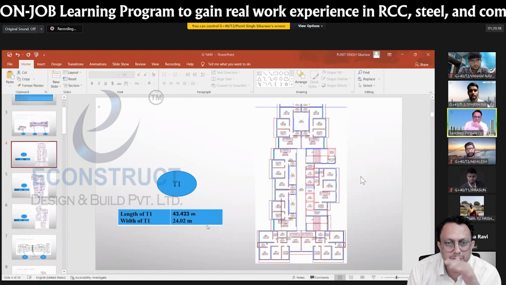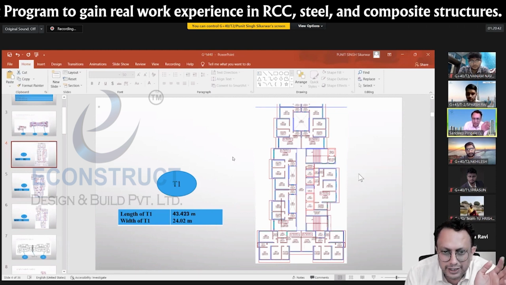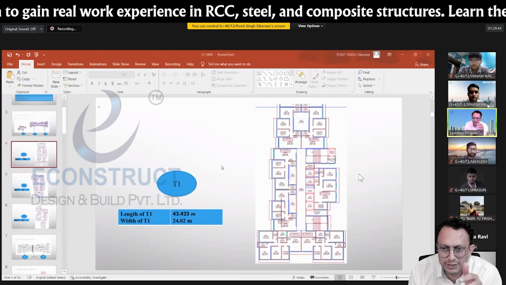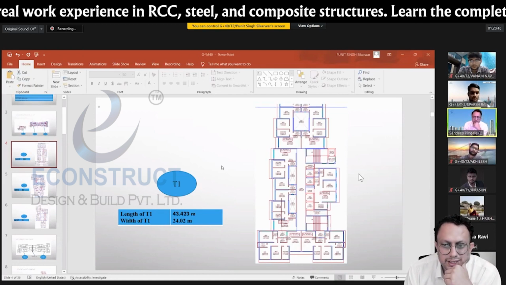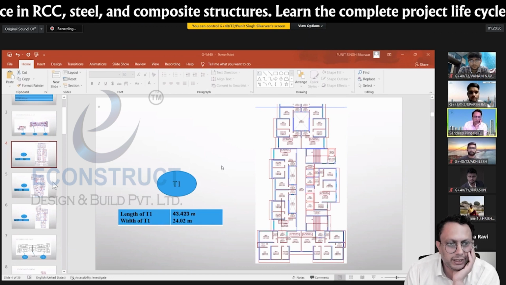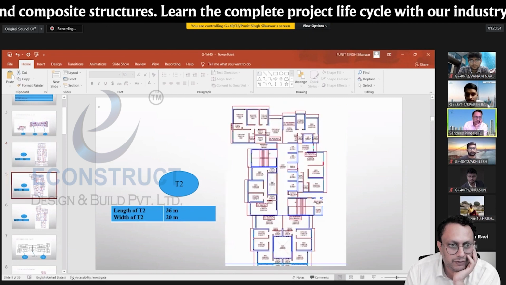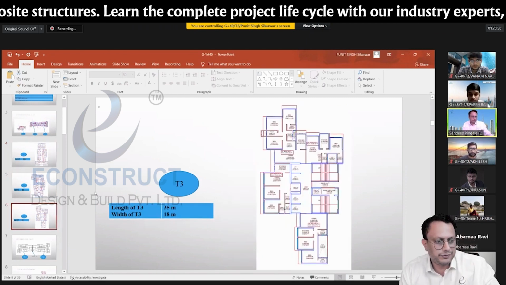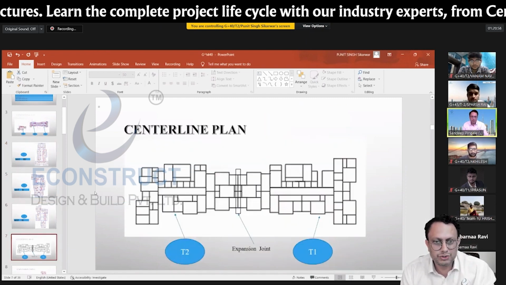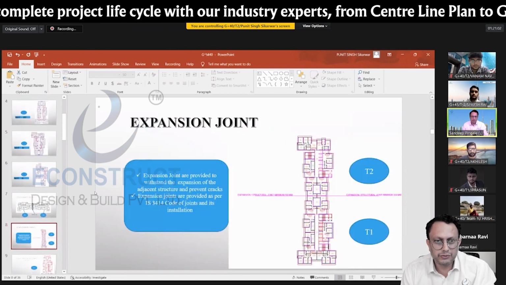The podium floors and the few things which I have told regarding the first group, I think certain things are the same for you guys, so I will not be repeating those areas. But in a few areas, I found structural framing plan issues. There is an expansion joint between Tower 1 and Tower 2.